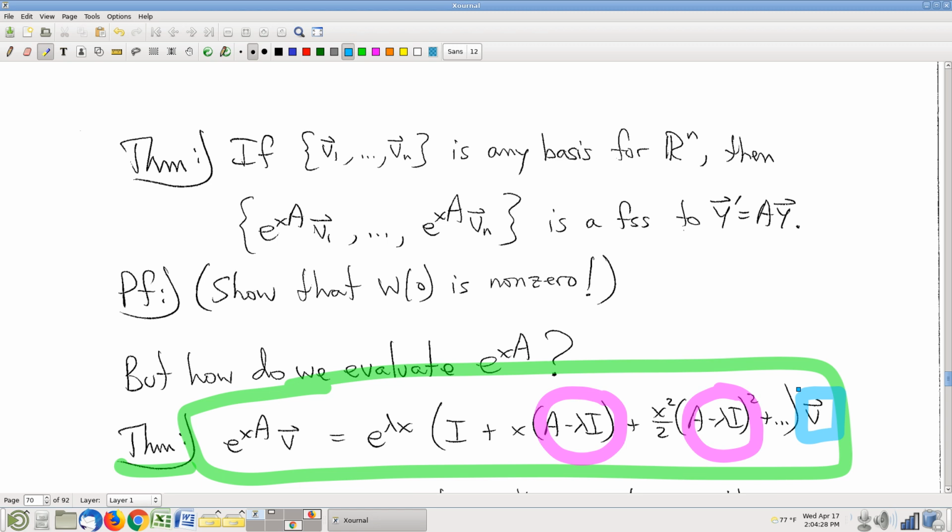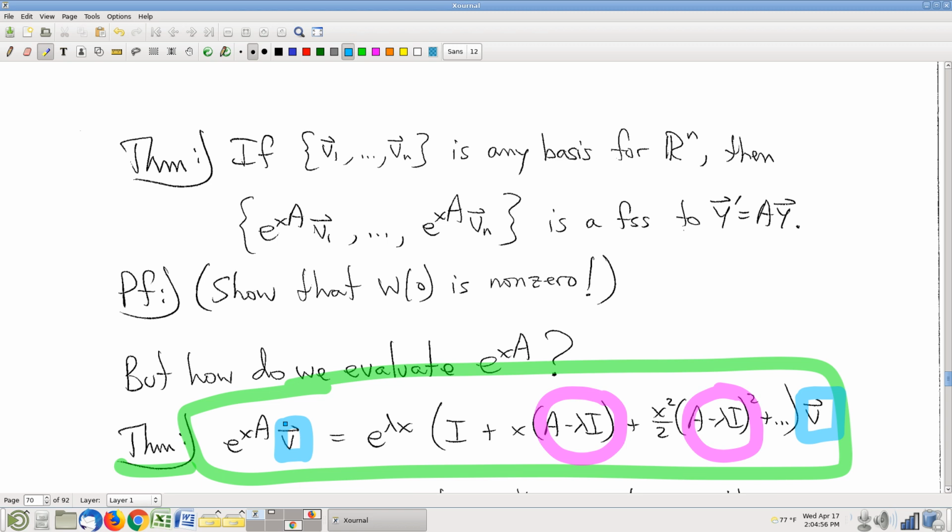Right? This matrix, A minus lambda I, is special. Of course, one thing you recognize immediately is that this is the matrix you look at when you're studying eigenvectors. What happens if v is an eigenvector? If v is an eigenvector, A minus lambda I times v is 0. So this term times v disappears in a puff of smoke. This term times v disappears in a puff of smoke.